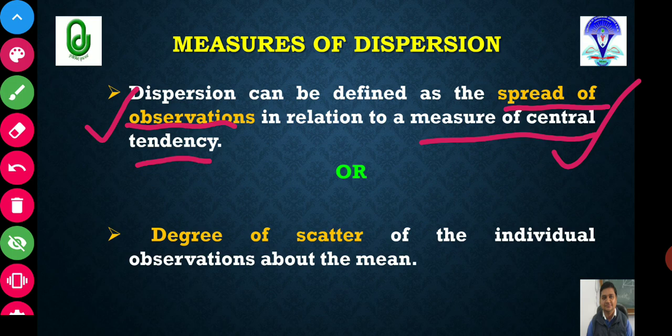In other words, the measure of dispersion is the degree of scatter of the individual observations around the mean. Since mean is the most common measure of central tendency, we commonly say it is the degree of scatteredness of data around the mean. But it is not only the mean, it is measures of central tendency.